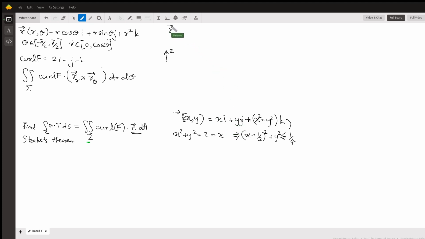So r. Just take the partial derivatives with respect to r.